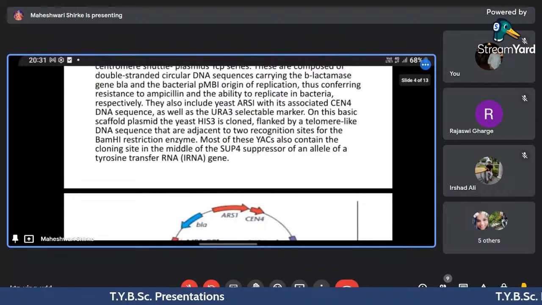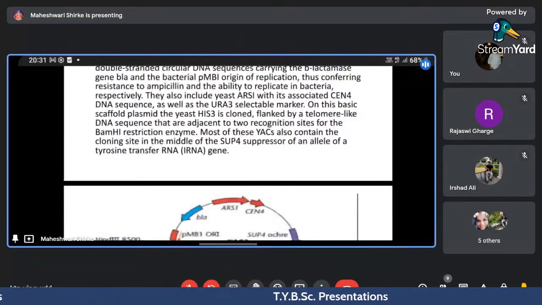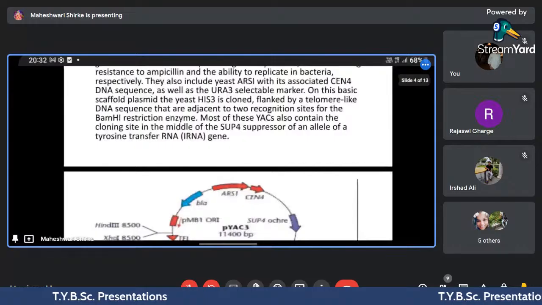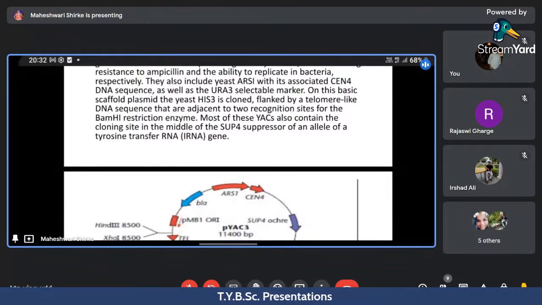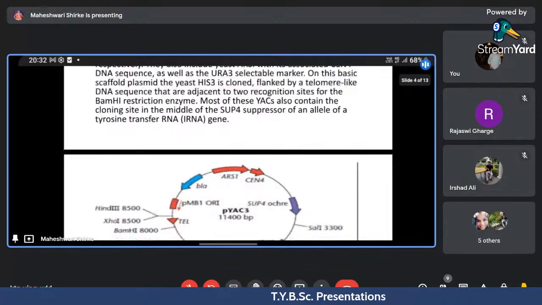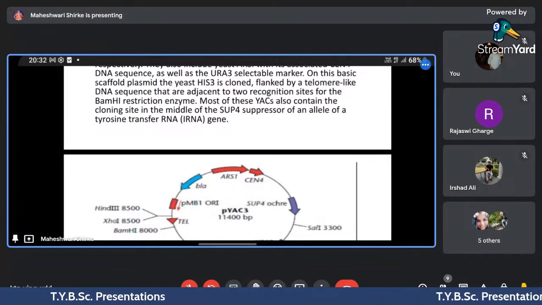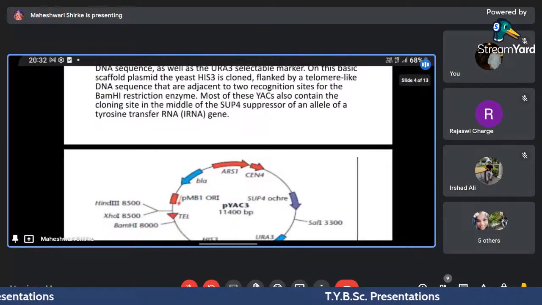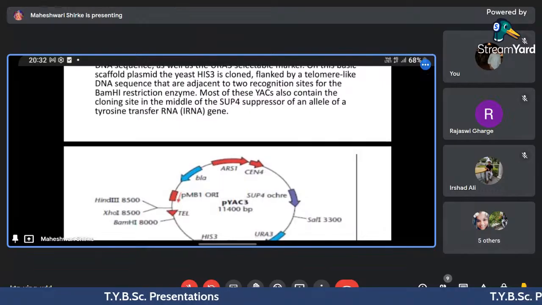They also include yeast ARS1 with its adjacent CEN4 DNA sequence as well as the URA3 selectable marker on this basic plasmid. The yeast DNA is cloned flanked by telomere-like DNA sequences that are adjacent to restriction enzyme sites.